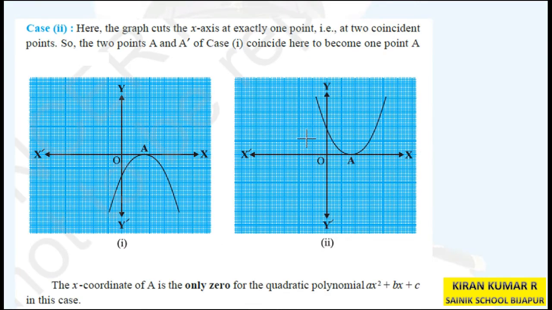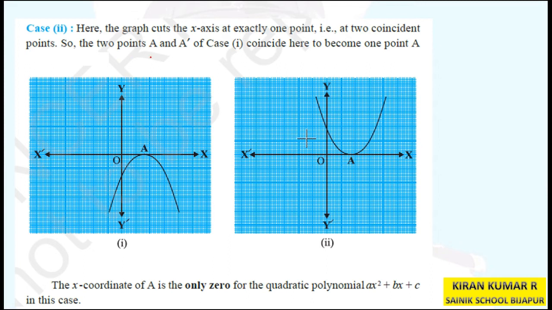Look at this case. Observe the graph very carefully. The graph cuts the x-axis exactly at one point, that is, at two coincident points.